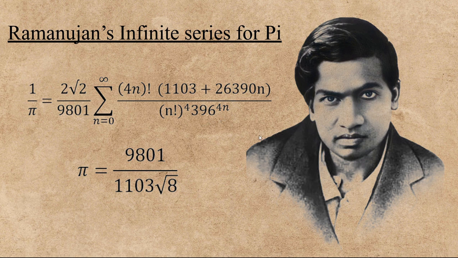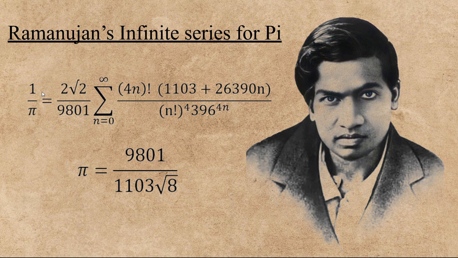So this is the formula. And just by taking the first term, that is by substituting n equals 0, you get 8 of its digits. That's what's been done here. You'll have 0 factorial, which is 1, into 1103, and 396 power 0 also becomes 1, because 4n is 0.